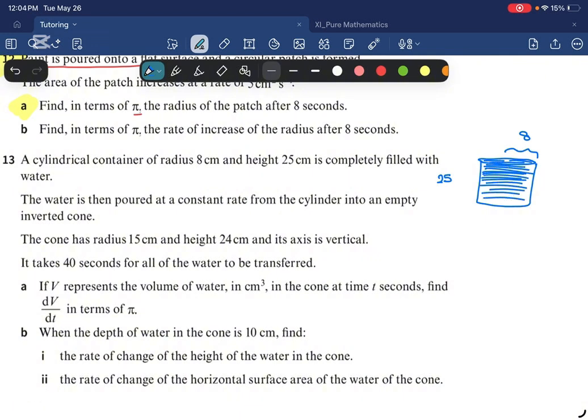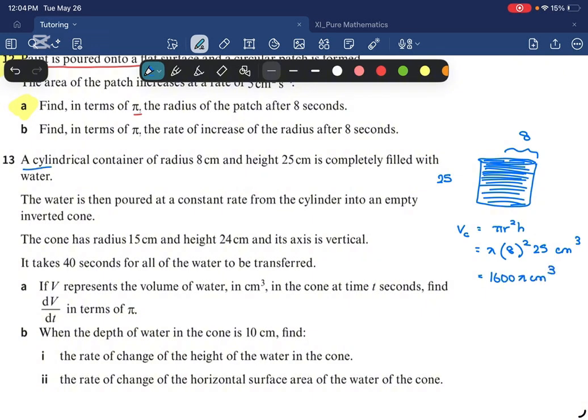That is going to be the volume of the cylinder. So V of the cylinder is just going to be pi r squared h. So pi r squared is going to be 8 squared, h is 25 centimeters cubed, right? Because our units are in centimeters. So if you do this simplification, you're going to get 1600 pi centimeters cubed.